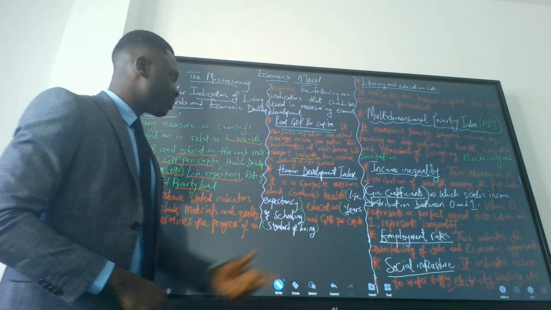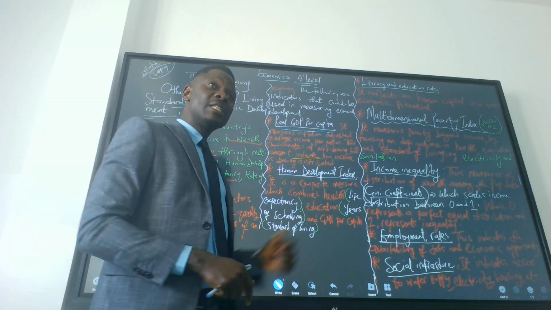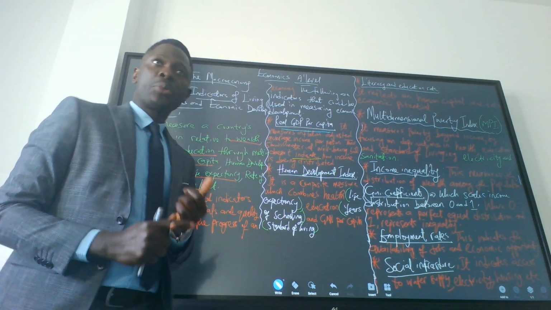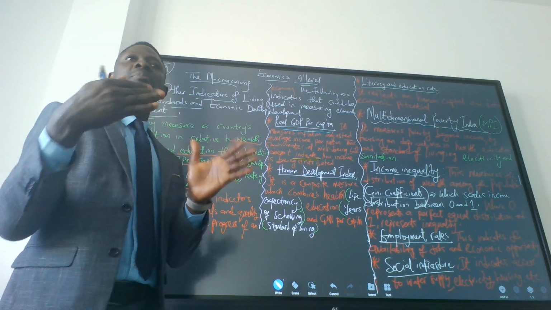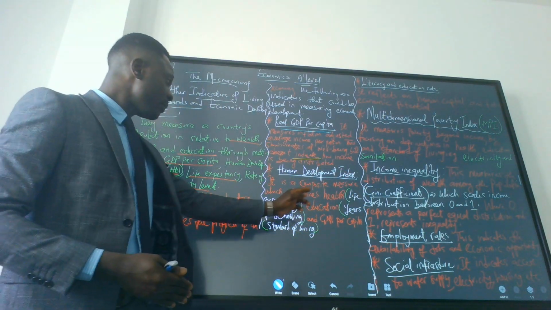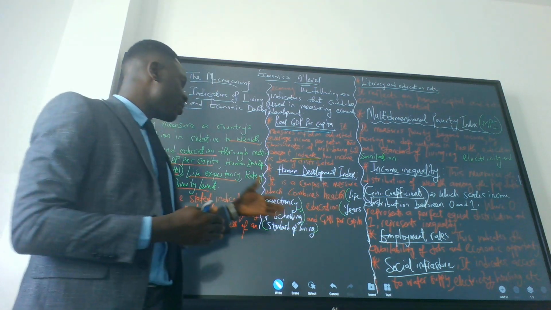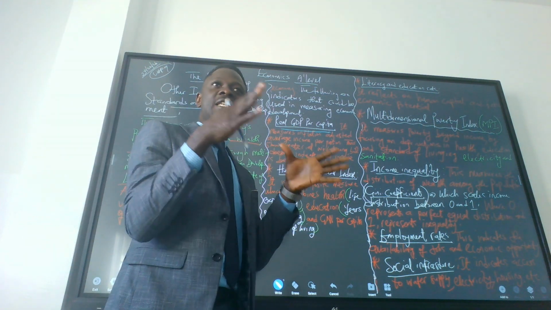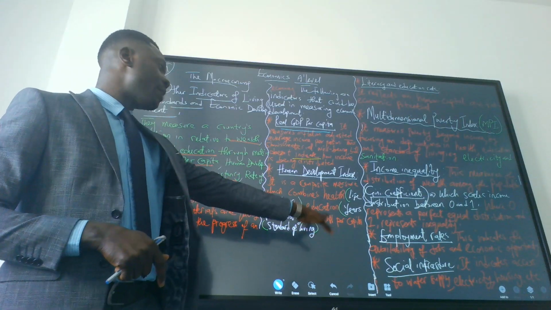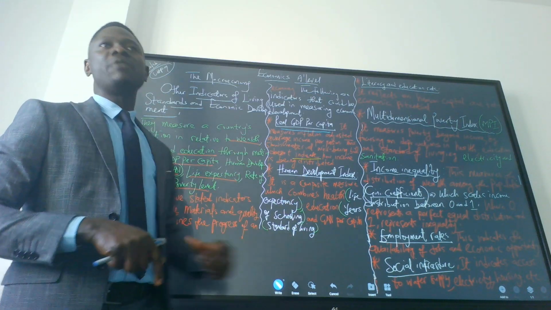The second one is HDI, Human Development Index. It's a composite measure which combines health, and when we talk about health, we're simply talking about the measurement of life expectancy; education, meaning years of schooling or average years of people in school; and GNI per capita, which measures the standard of living.